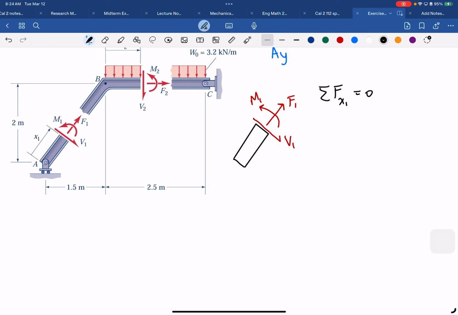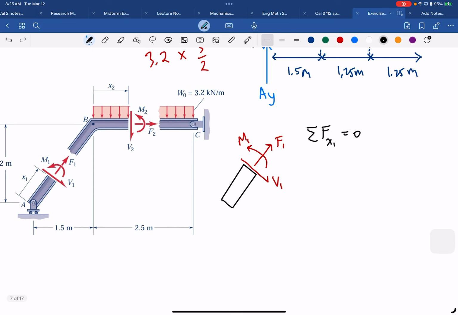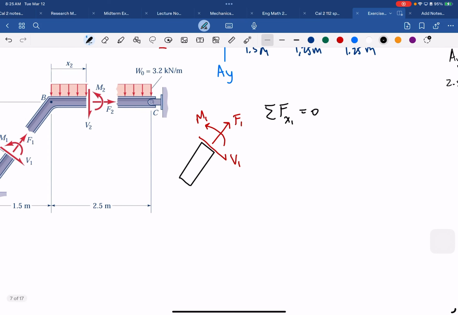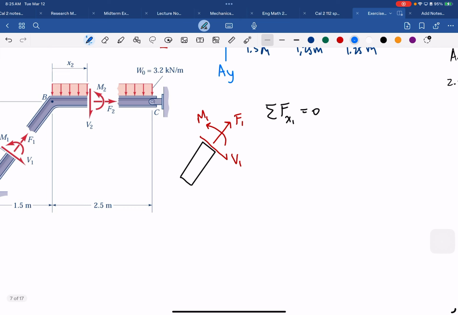And I think we have the AY, right? AY is, I forgot, AY is what? 2.5, right? So this is A, this is AY, AY 2.5 kilonewton.